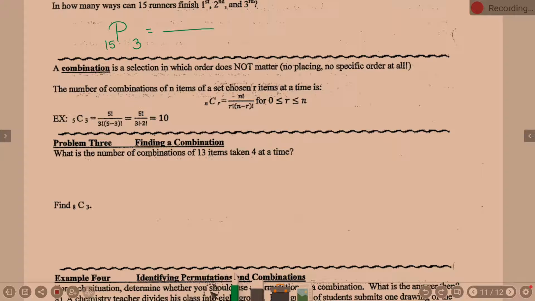On top is n, so 15 factorial. On bottom is 15 minus 3 factorial. So I'm going to have 15 factorial divided by 12 factorial.